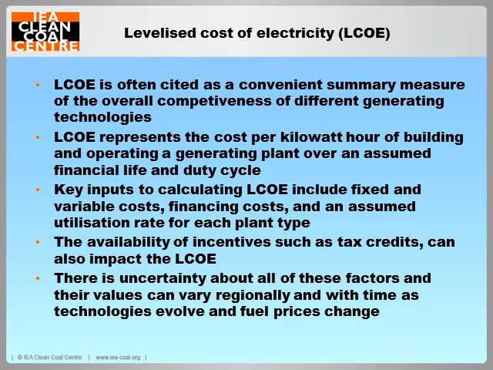The unit of measure typically used when citing the overnight cost of a power plant is dollar per kilowatt. The availability of incentives such as tax credits can also impact the calculation of the levelized cost of electricity. However, please keep in mind that as with any projection, there's uncertainty about all of these factors, and their values can vary regionally and across time as technologies evolve and fuel prices change.